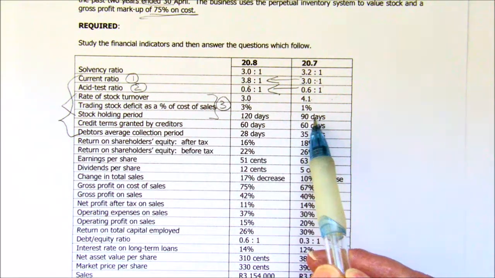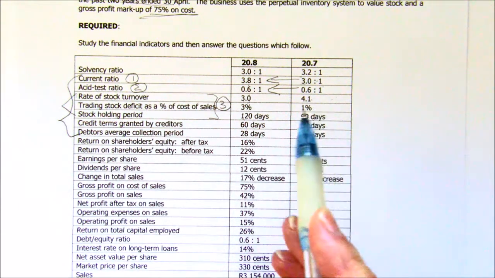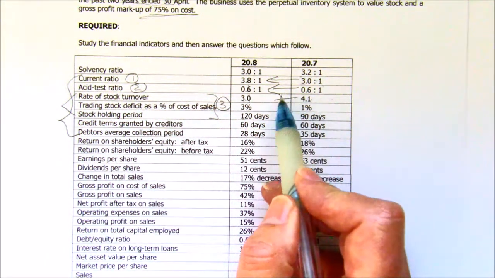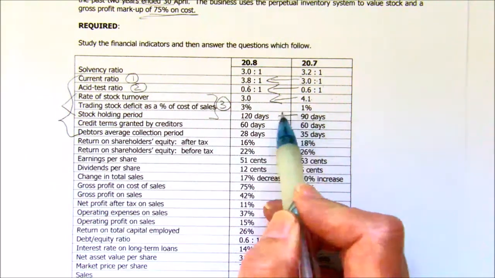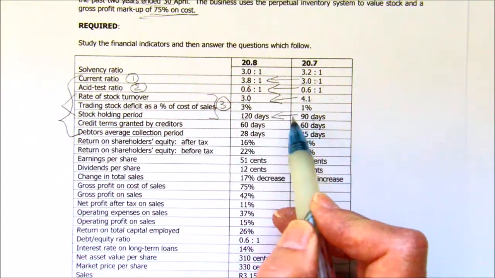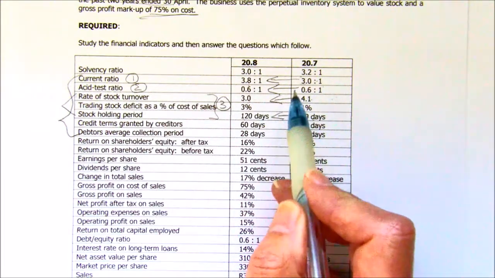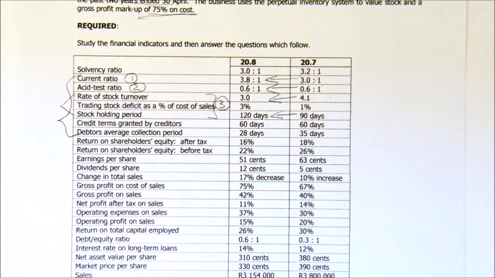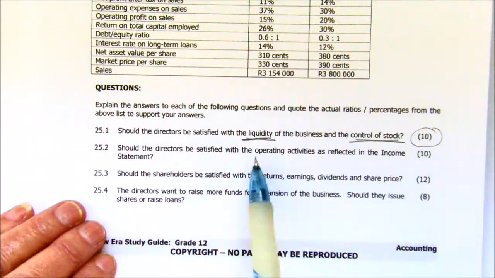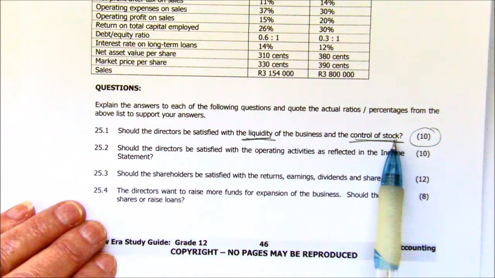Whereas last year, you were only holding 90 days of stock. So here's a very big problem, borne out, first of all, by the turnover rate, and secondly, by the number of days. So this business is definitely holding too much stock, and the stock has been held for a longer period. Now, remember, in the question, they asked us to specifically look at the control of stock.